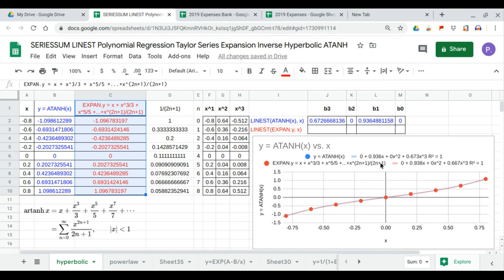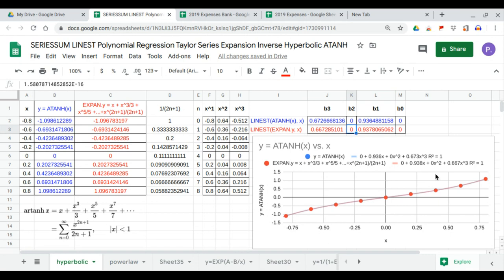We'll calculate these values using LINEST. So LINEST, data y, this time we use the expansion, and data x. So our B0 is 0. Our B1 is 0.9378, rounded up as 0.938.